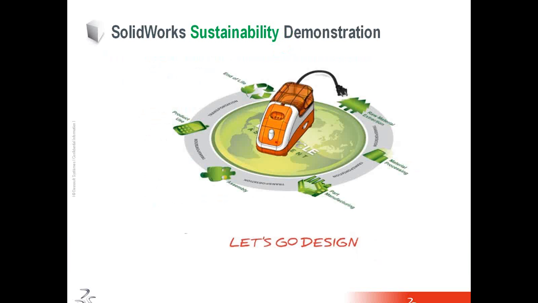So at this point, I would like to jump into the product demonstration. And today I'll be focusing on a personal humidifier assembly to do a life cycle analysis using SolidWorks Sustainability.